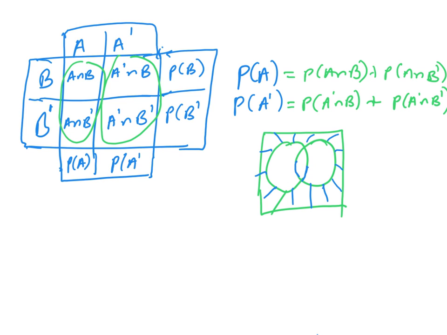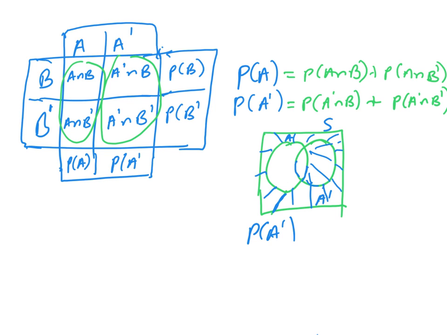What I've tried to write in blue here is A complement, and this is A. So for the probability of A complement, when we look inside this sample space S, there are two areas to look at.